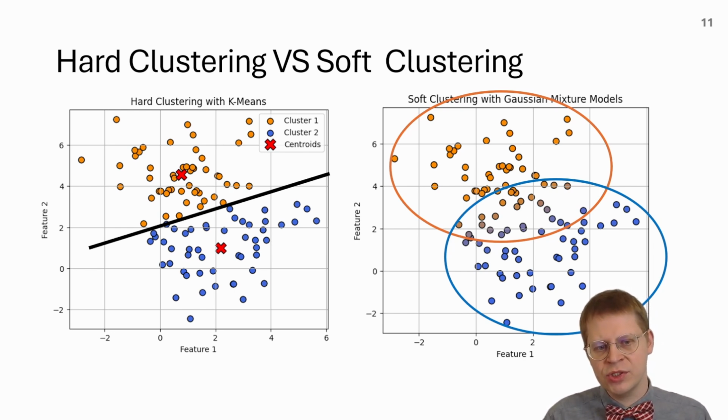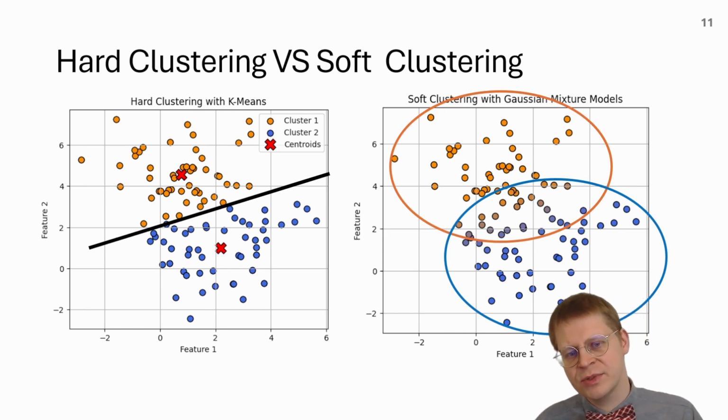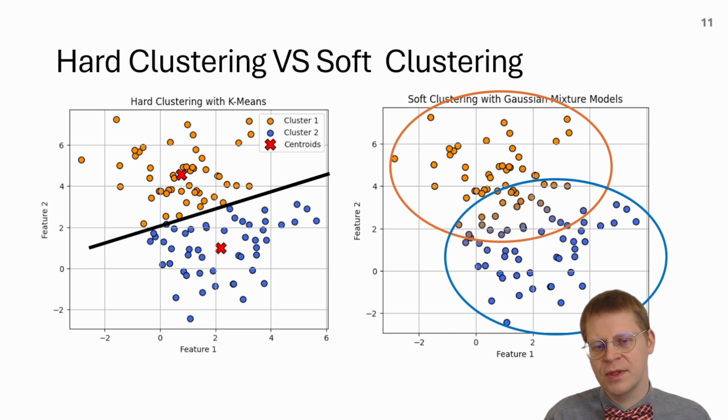For example, imagine you're segmenting customers. A hard clustering approach might classify each customer as high spender or budget cautious. But soft clustering acknowledges that some customers exhibit traits of both categories.